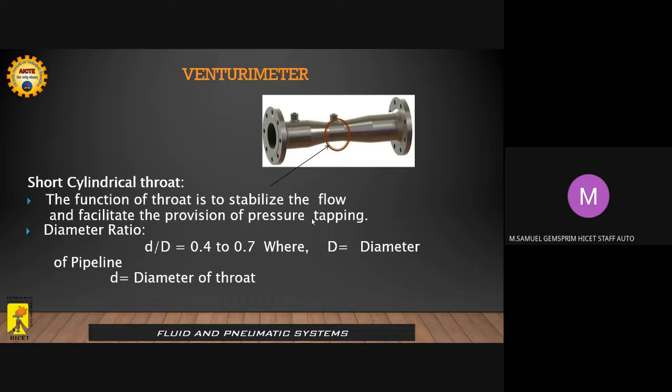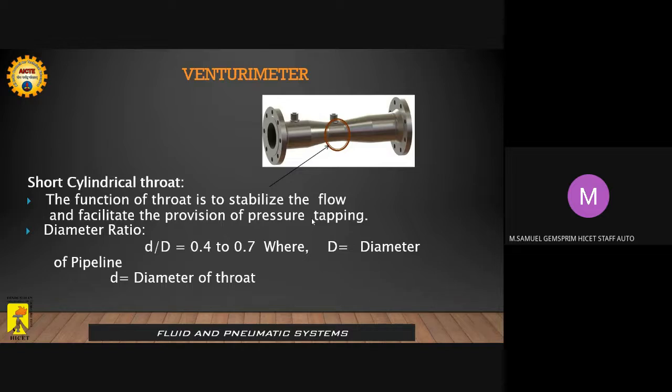Next, we are moving on to the next part, which is the throat. This throat is the shortest part for fluid flow. Why is it provided? It is to create the pressure variation. Only if we have a properly settled area will the flow again come to the original streamlined condition, as per Bernoulli's theorem, where the flow should be steady and continuous.